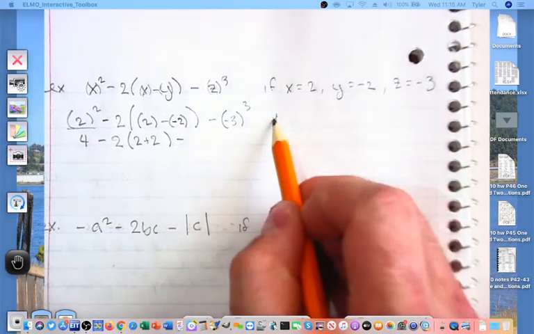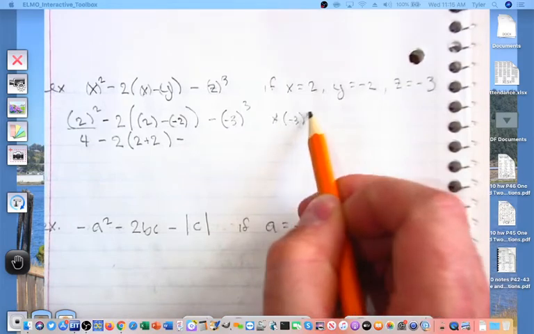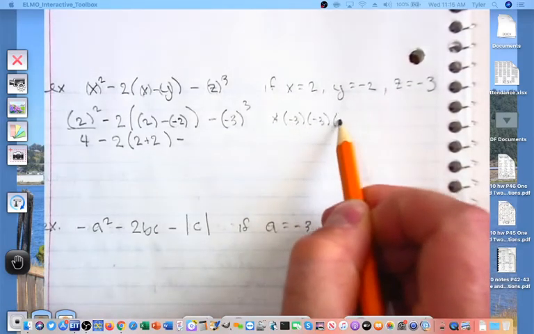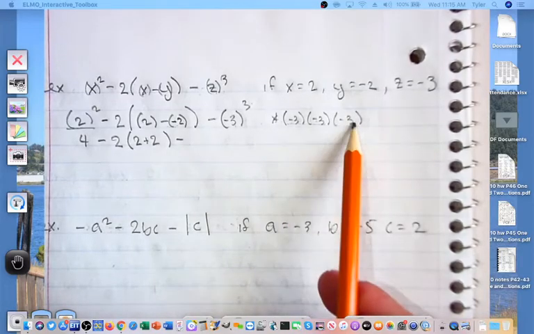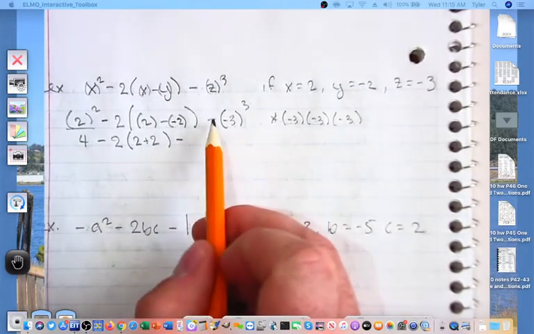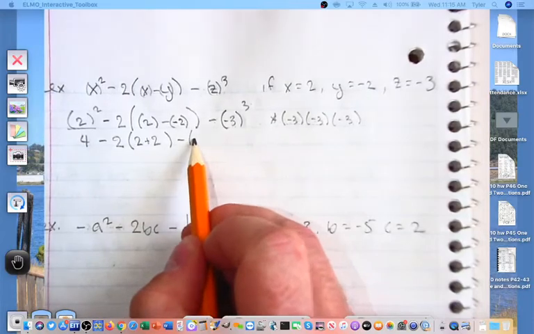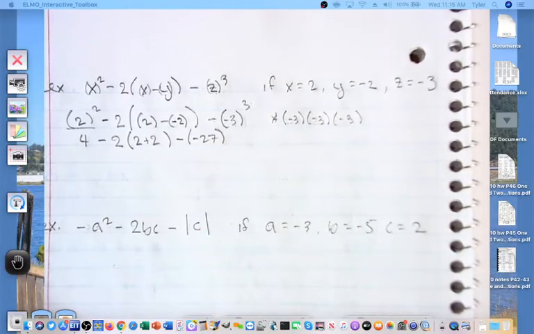I'm going to note that for you here because this is a common mistake. Negative 3 times negative 3 times negative 3. That's going to be 9 times negative 3. So I have a minus 27.